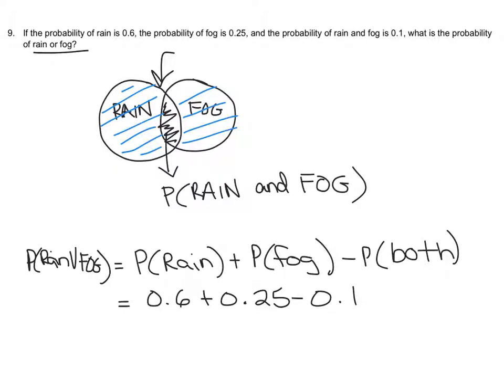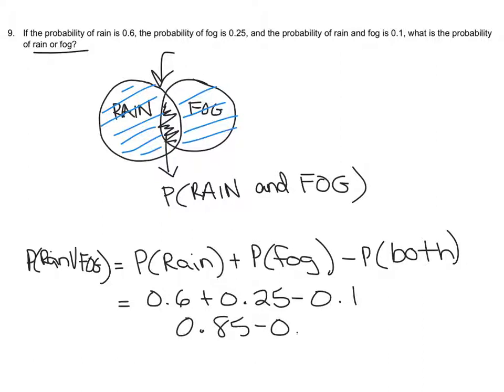Okay, so I'm going to use the formula on the screen. First, I'll add the probability of rain and fog together, and then I'll subtract the probability of both happening. So the probability of rain is 0.6, the probability of fog is 0.25, and the probability of both of them happening is 0.1. So 0.6 plus 0.25 gives me 0.85.